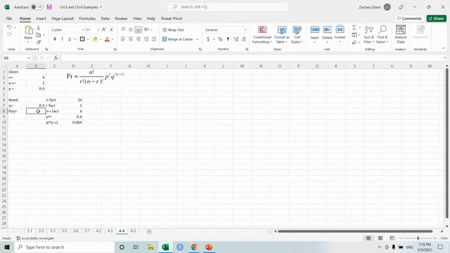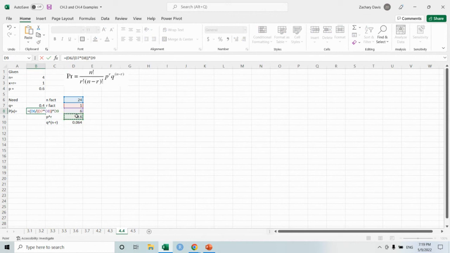Now, to find this probability that we're interested in, we're going to carefully put this all together. Let's start with the parentheses. We have n factorial divided by r factorial times n minus r factorial. I want to keep that fraction together, and I want to multiply p to the r times q to the n minus r.